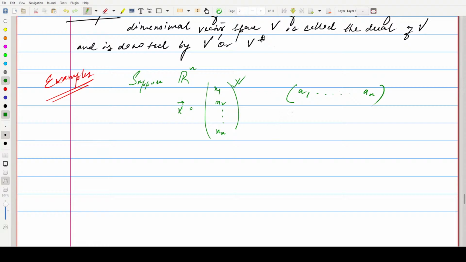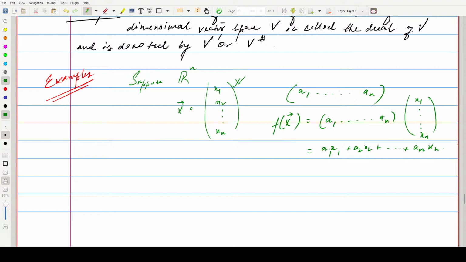That gives us something of the form f of x, where x is this entire vector, and this will map onto a1, so on and so forth, an, times x1, so on and so forth to xn. And if you do this multiplication, that's going to give us a1 x1 plus a2 x2 plus so on and so forth till an xn, right?